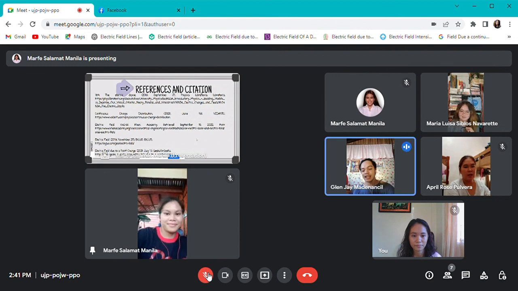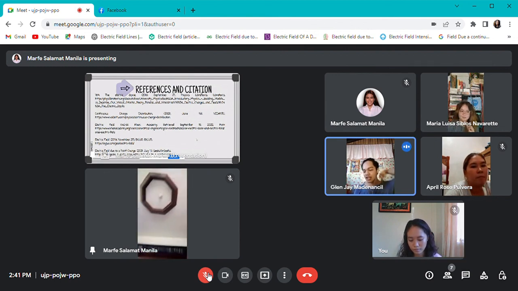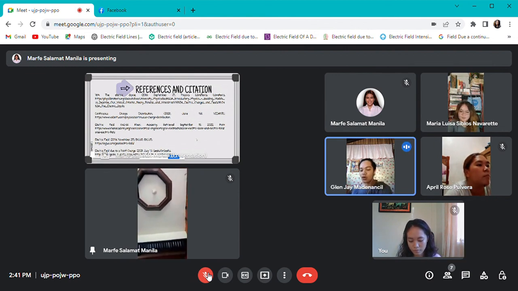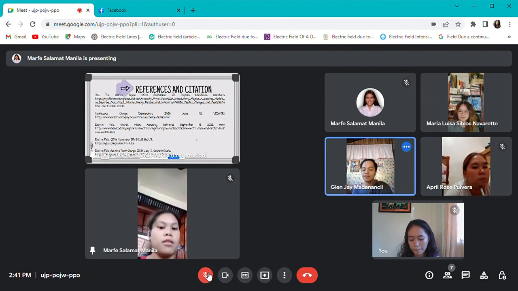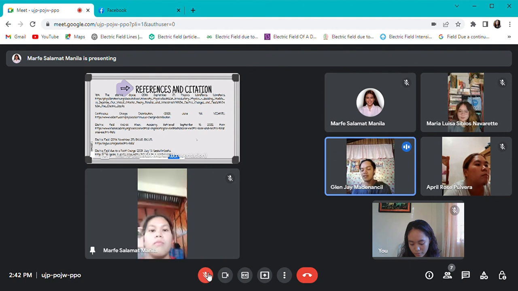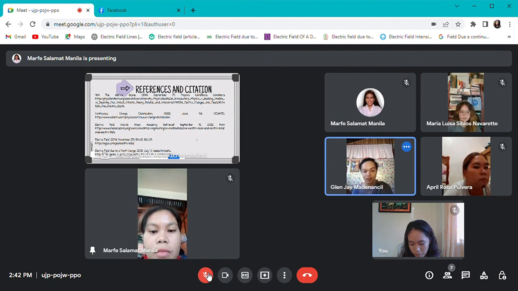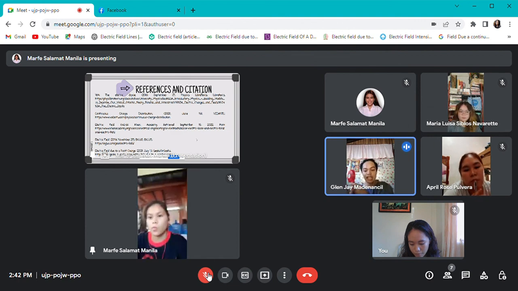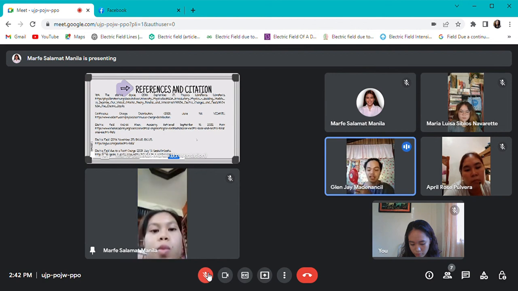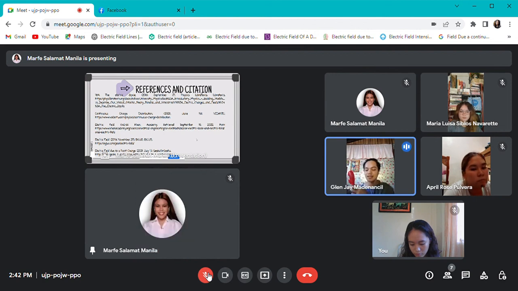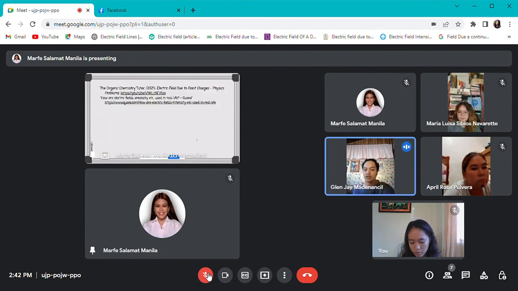Mag-share lang tawag idea. So, force on a point charge. Based on my research, according to Britannica, the force on a point charge signifies the strength of an electric field itself. When we mean force, ang kakusgon sa point charge sa electric field. I derive my idea from that source; I do not own the idea.